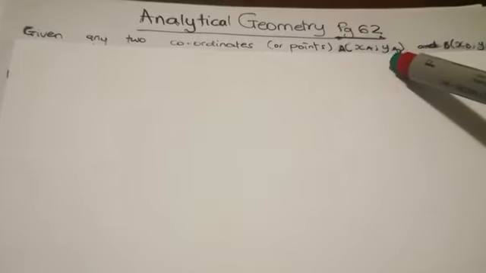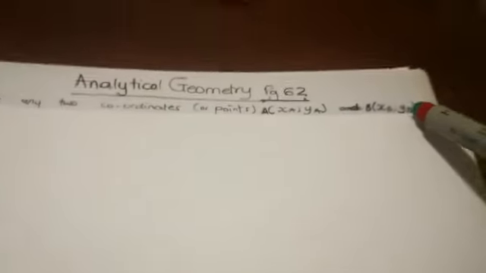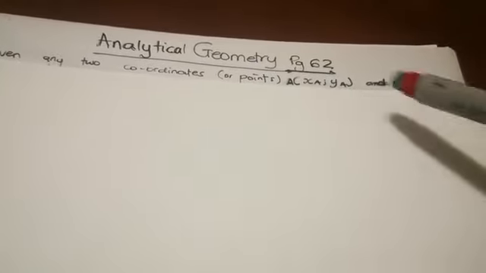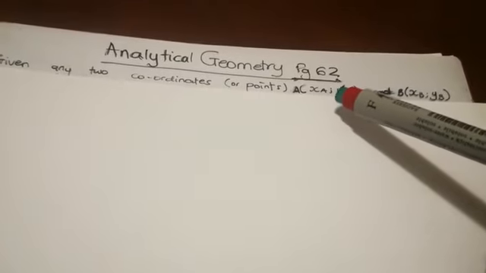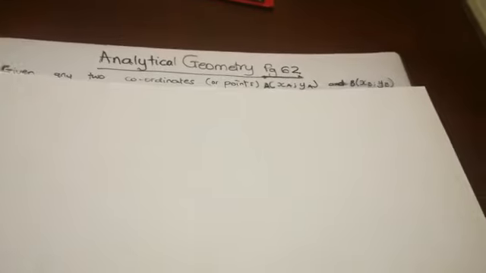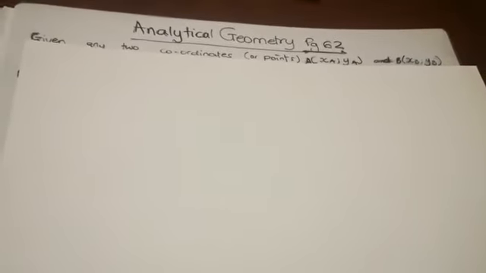This indicates the coordinates of A, and then the coordinates of B we indicate like that. Sometimes other people use (x1, y1) and (x2, y2). If you are given any two coordinates, there are three things that you calculated in grade 10.